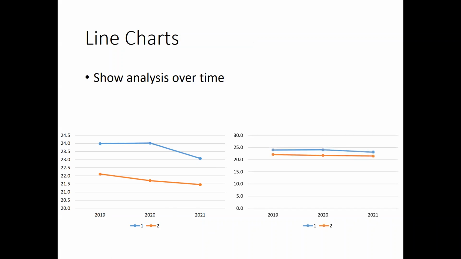But again, we talked about manipulating data, right? If my boss asks me, hey, what's the difference between male and female ACT scores over time? Well, if I showed him this, he might think that there's a big difference in that they're both going down a lot.